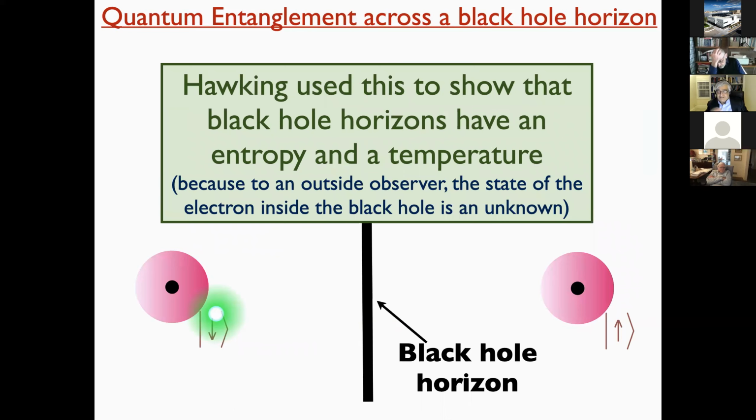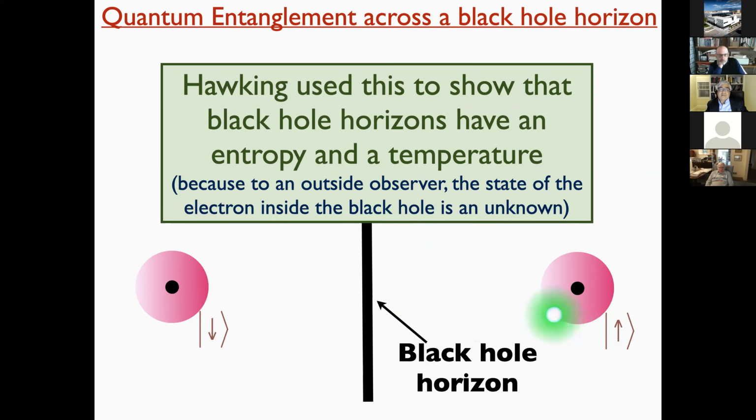And Hawking used very separate arguments to argue that this means that the black hole, quantum mechanically, has an entropy. It's not just a featureless black sphere sitting there. It's got all kinds of quantum degrees of freedom, and has an entropy and also a temperature.